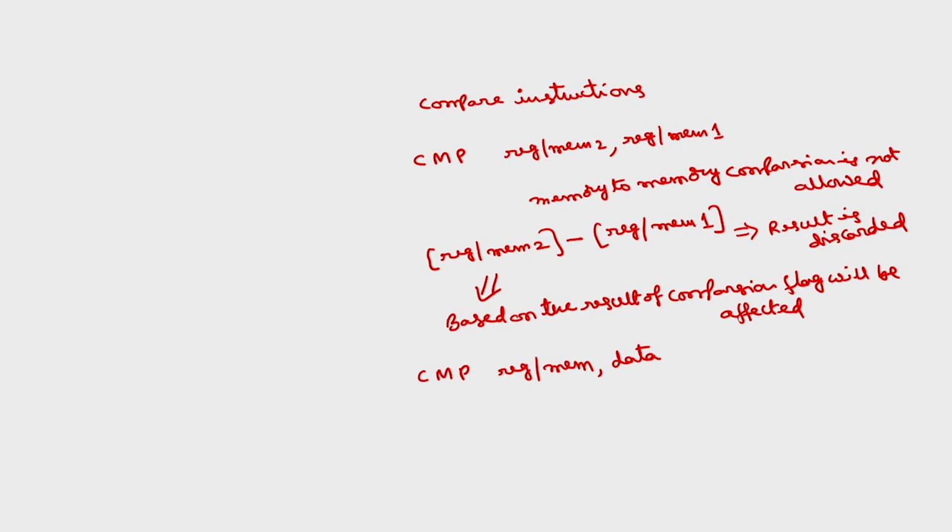Okay. So, the next group of instructions is branch instructions. If the microprocessor control transfers from one place to another place, then we have to write the branch instructions. There are 2 types of branch instructions.